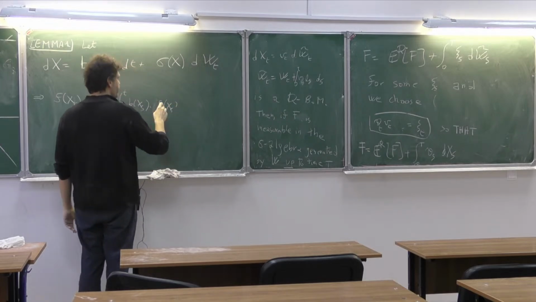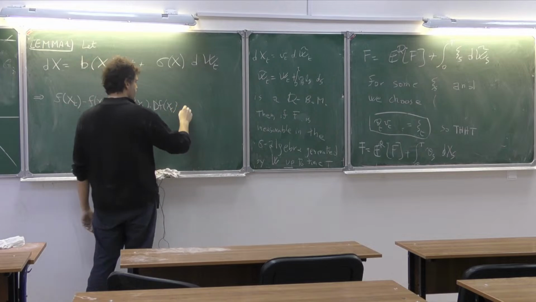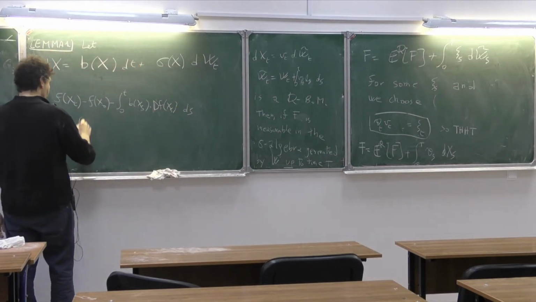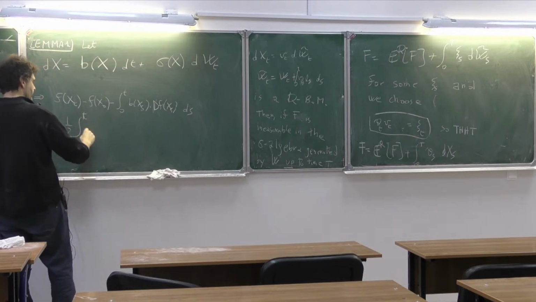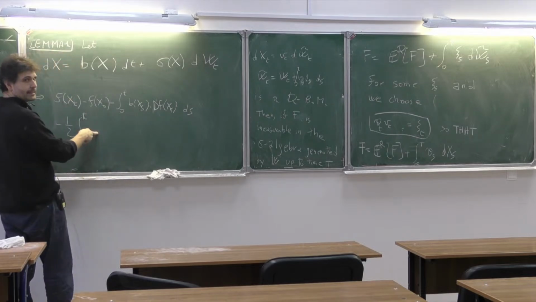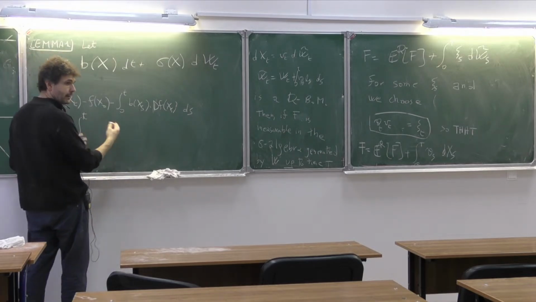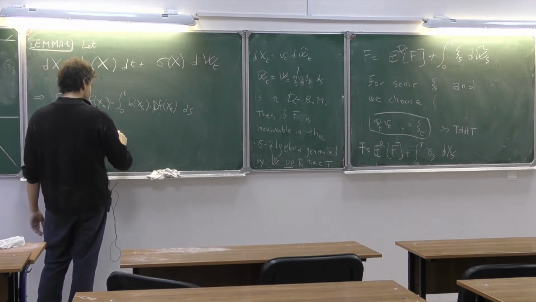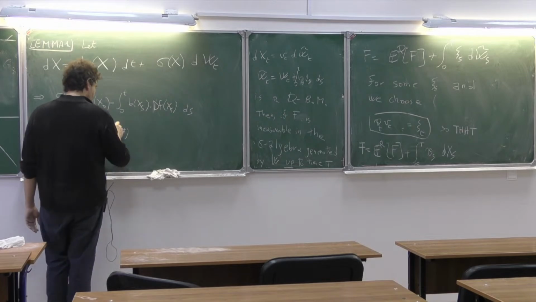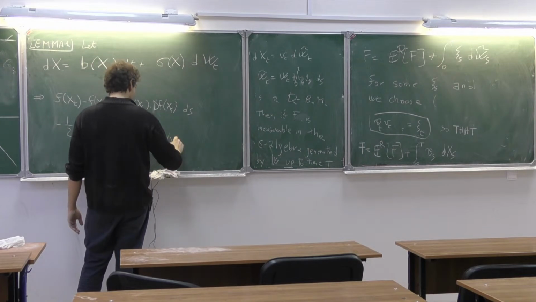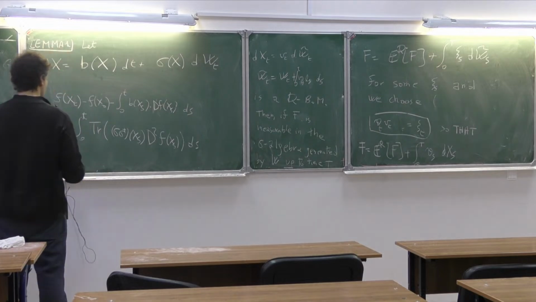ds minus 1/2. So if you remember, here is one integral between 0 and t. If I write the multidimensional formula, here, if you remember, there is the trace of sigma adjoint of Xs, the action of f of Xs ds, and then there is the martingale term.